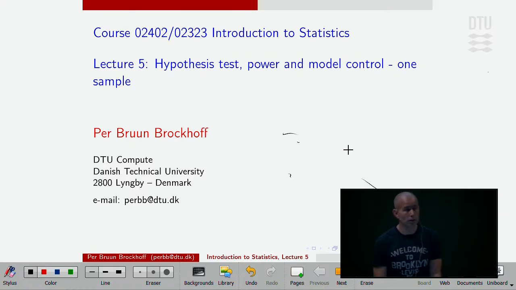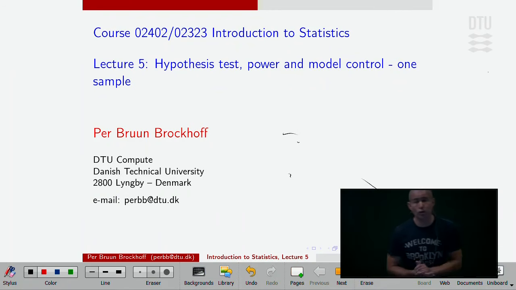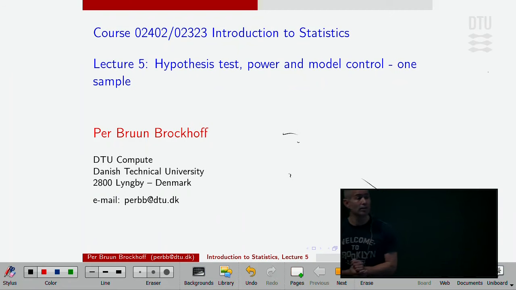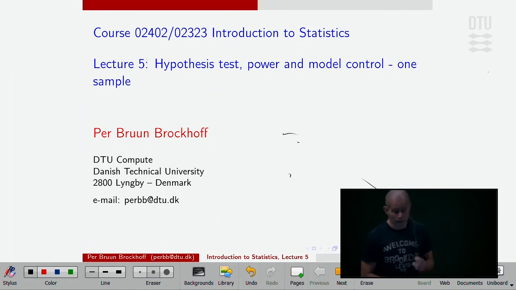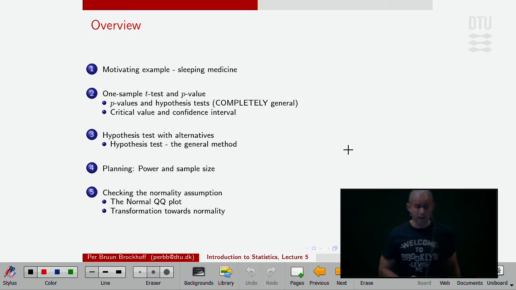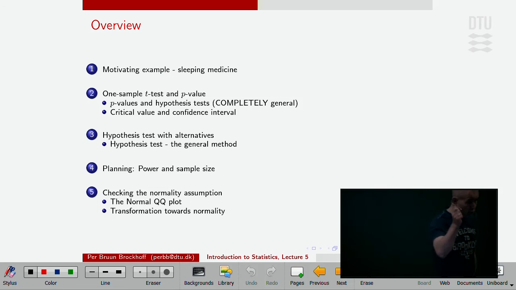So we should learn about the hypothesis test, which is the new statistical tool today compared to last time. Last time we talked about the confidence interval, and we're going to touch on the relation between those two tools, of course, because there is a relation.